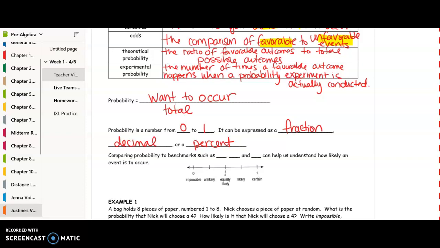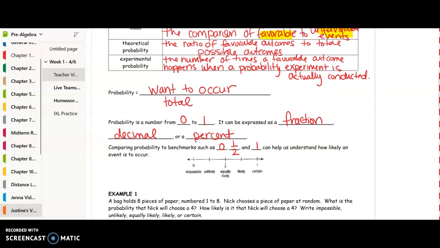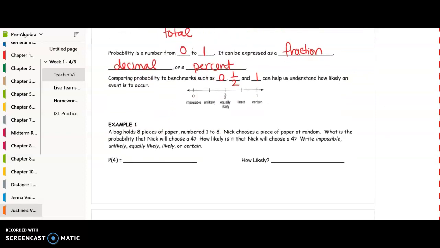Comparing probability to benchmarks such as 0, 1/2, and 1 can help us understand how likely an event is to occur. 0 is impossible, and 1 is certain to happen. The likelihood that there's always going to be a Monday would be 1, because each week we're always going to have a Monday. 100%, so that would be a 1.